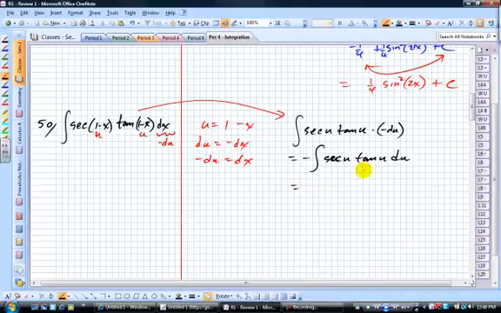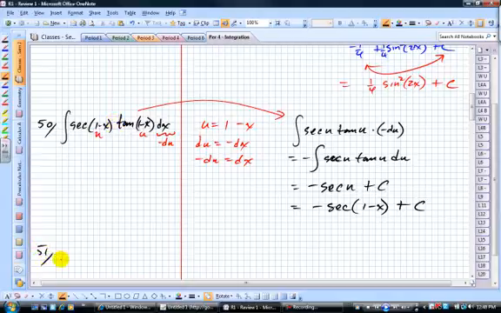So what we get is we're looking for a function whose derivative is secant tangent, and it happens to be secant. So I'm going to get a negative secant of u plus c, and then I have to substitute x back in, so bring back 1 minus x in, and you get the end result. You can differentiate this and check it, and it should be equal to the original function here.